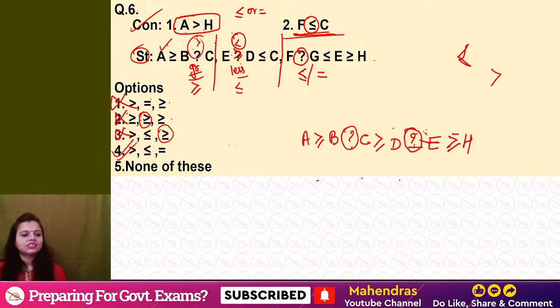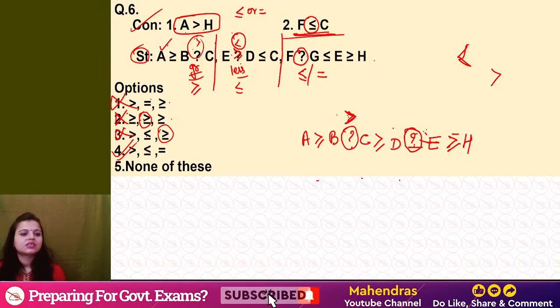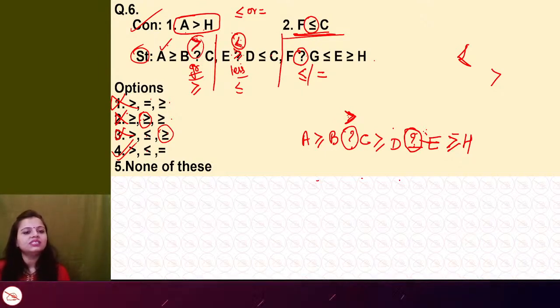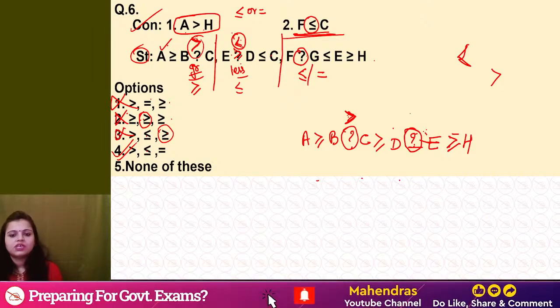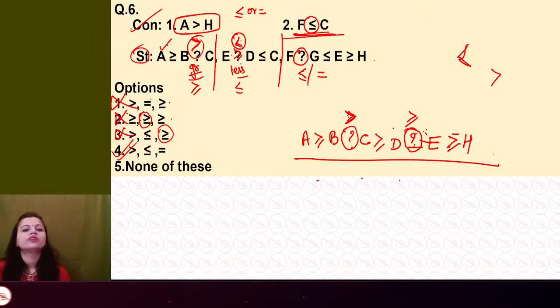In these two cases, if you put greater in this place, that means this becomes greater, and this less equal means E is less equal to D. In this case, you are getting A is greater than H. So the fourth one is right.